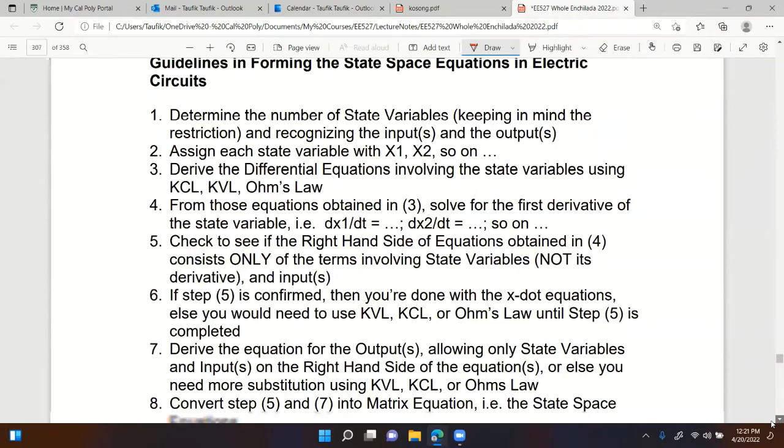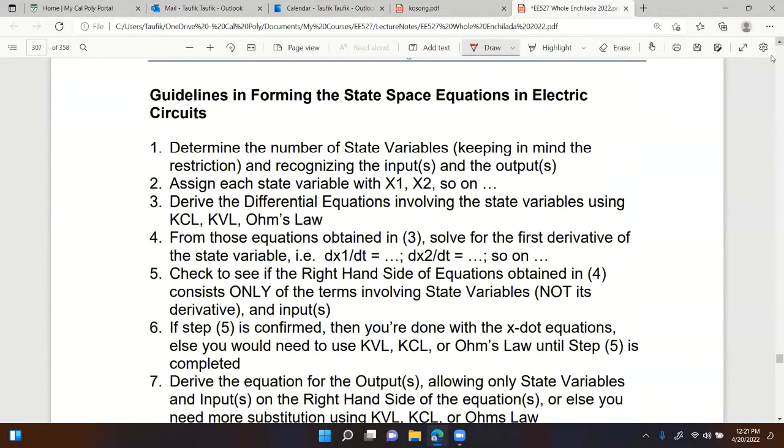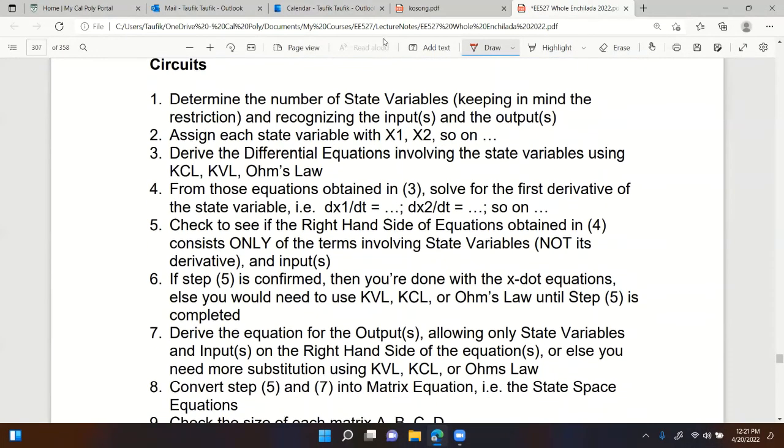If not, guidelines on how to form state space equations in electric circuits. So this is strictly electric circuits. I have this step-by-step procedure on how to form the state space equations. Number 1, determine the number of state variables, keeping in mind the restrictions, recognizing the inputs and the outputs.